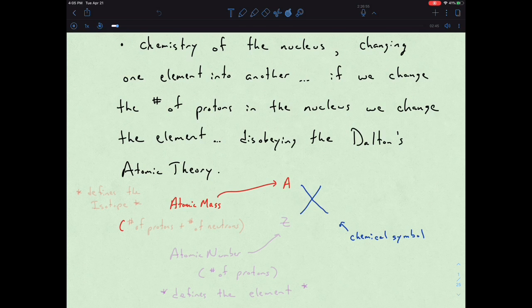Remember, this is really the number of protons plus the number of neutrons.